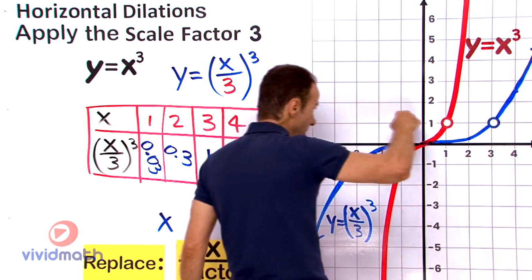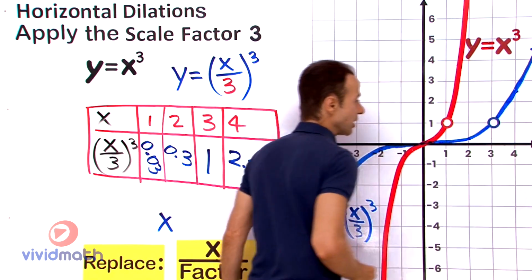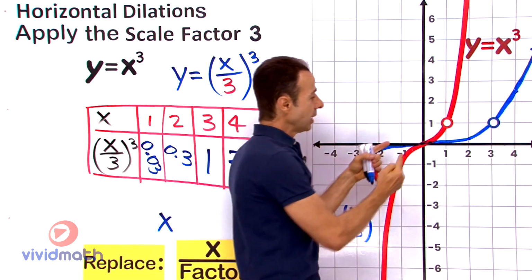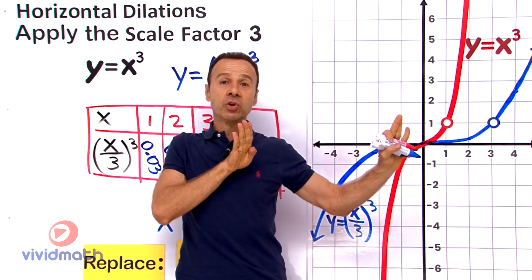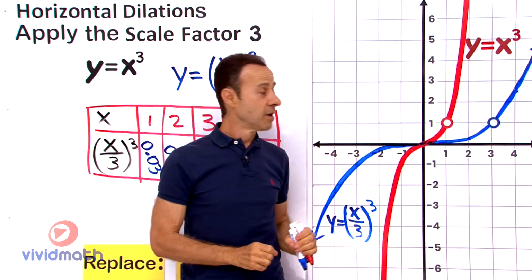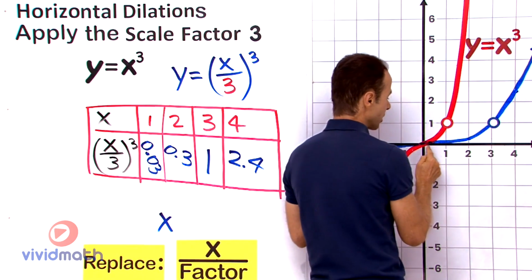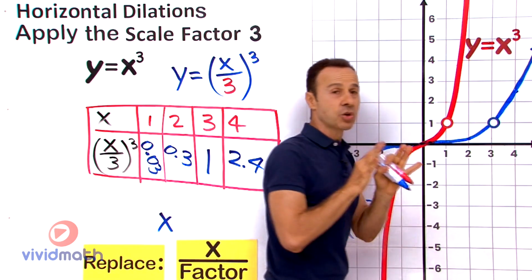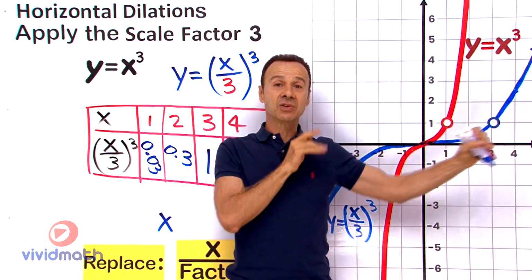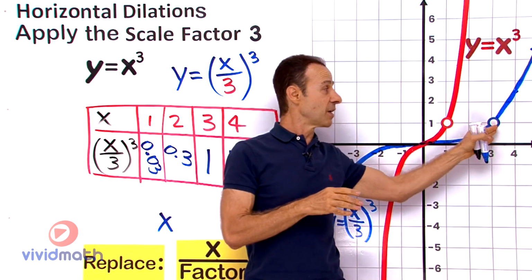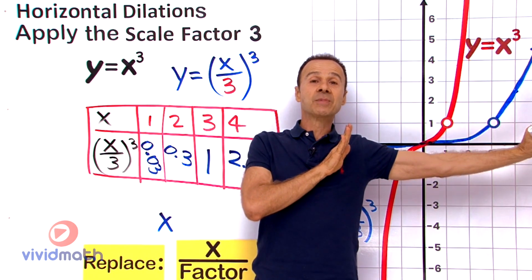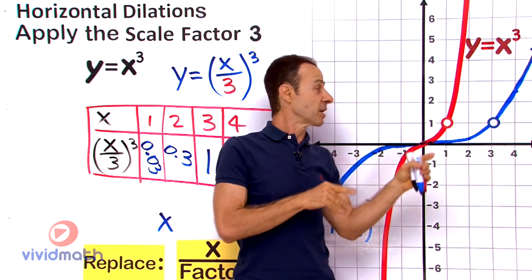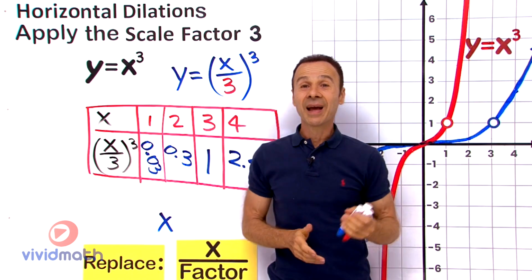There they are on the same horizontal line. So let's measure. The first one is 1 unit away from the y-axis. So horizontally, it's 1 unit away. Now for the second function, right over here, let's count 1, 2, 3. It's 3 units away from the y-axis. Clearly you can see that the new function of x on 3 all cubed is 3 times wider than the original parent function right over here. And there you go.